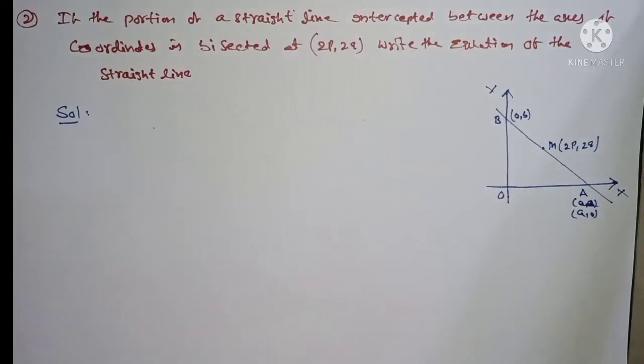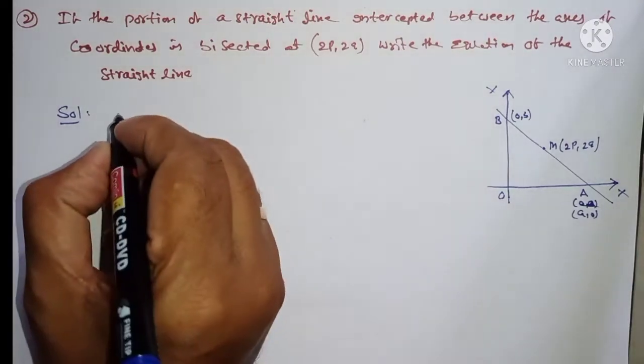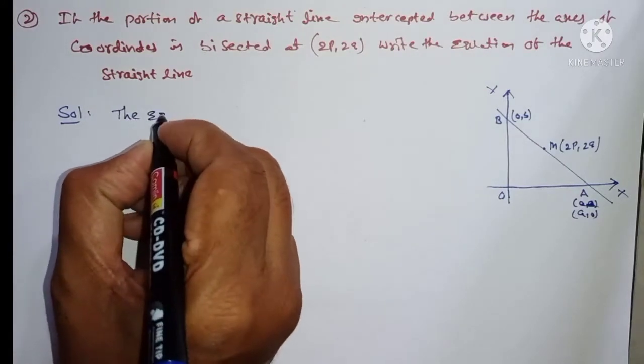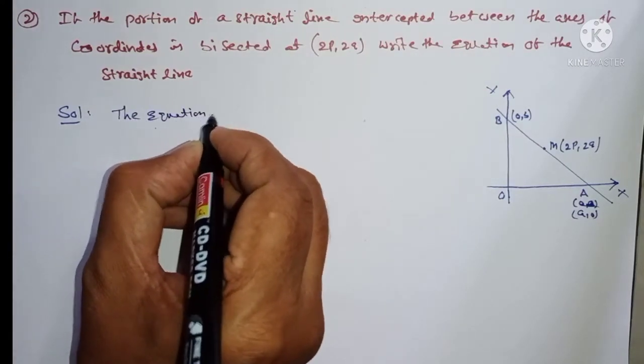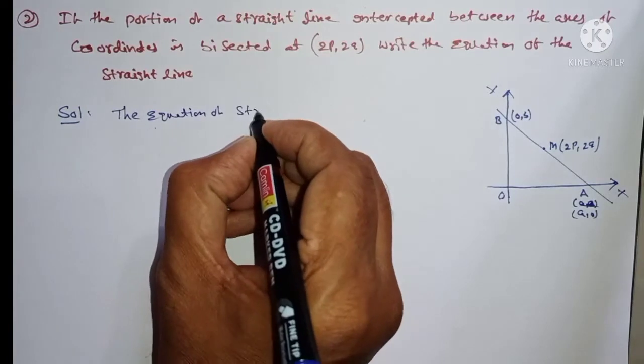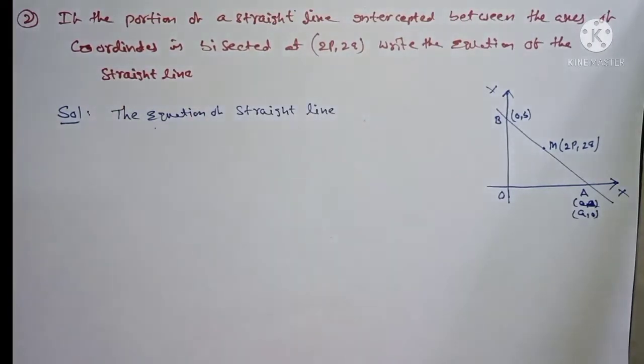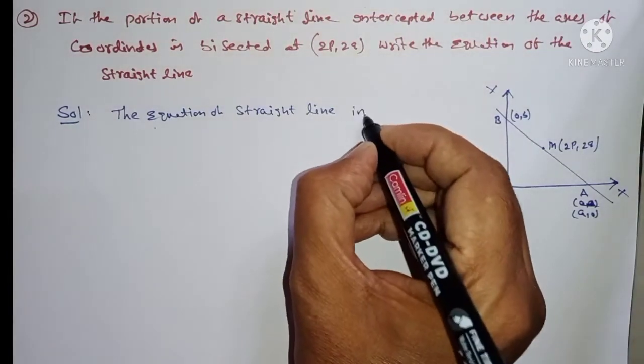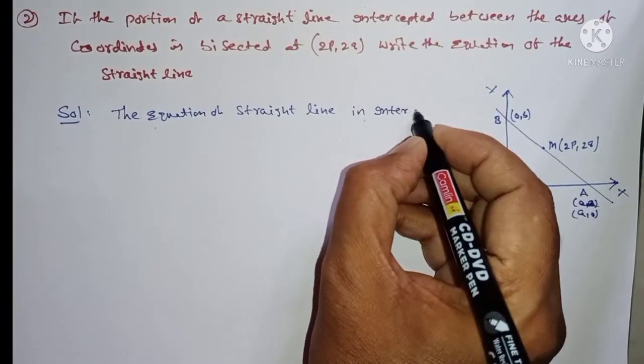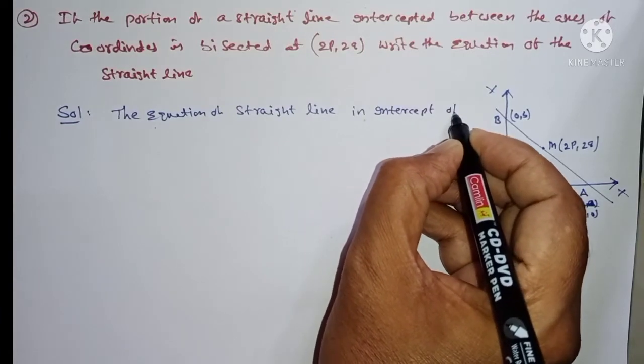How can you solve this one? You can observe here. First you can write the solution. Observe here. The equation of the straight line in intercept form.